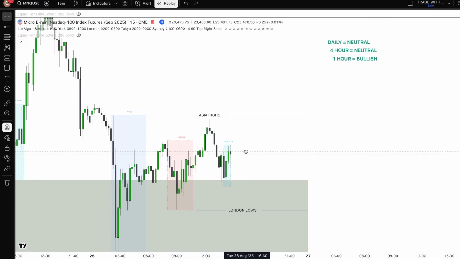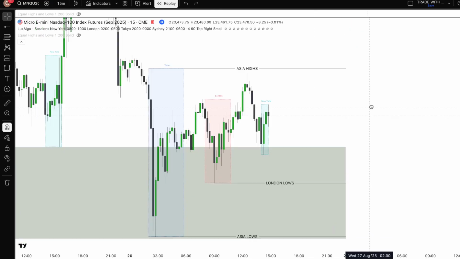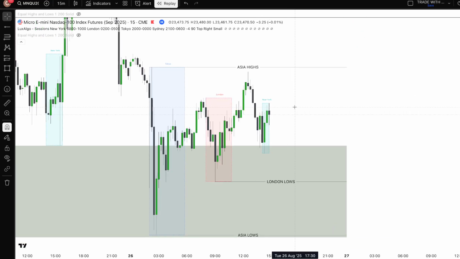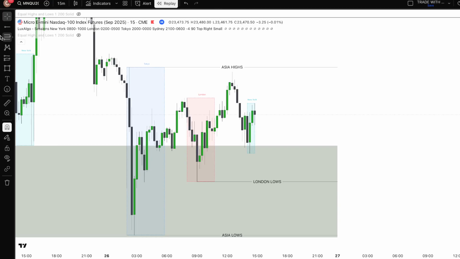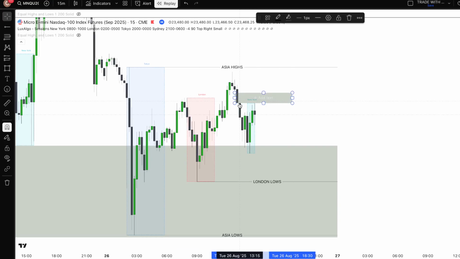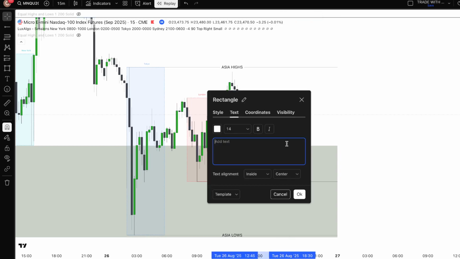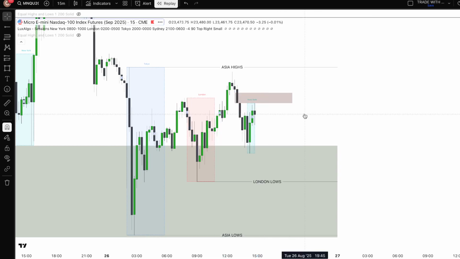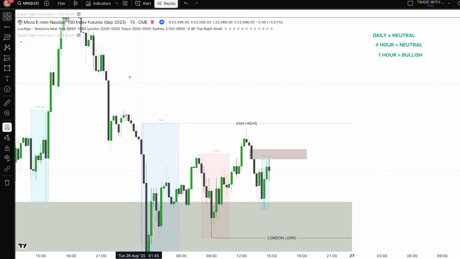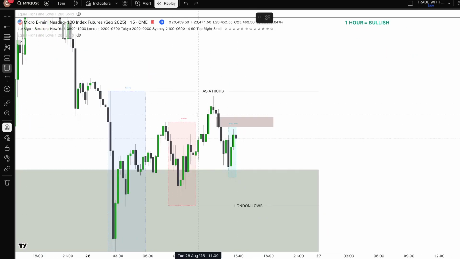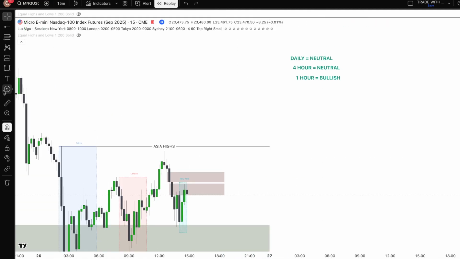On the 15-minute, we had two 15-minute gaps which have not yet been inversed, so I'm gonna mark these two 15-minute gaps as well. And on the 15 minutes, I'm bearish.